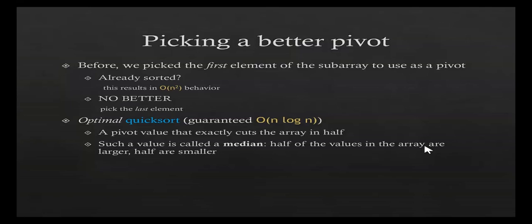And we know that if after the partition the two subarrays get half and half of the data, we can achieve the best case performance, with time complexity of order n log n. So if we can pick a better pivot, or apply the median concept, then we can get better performance, right?